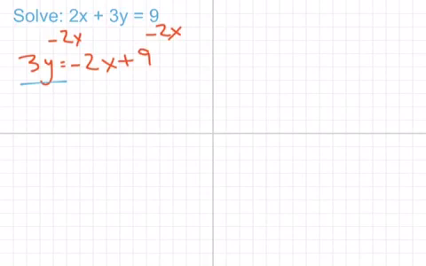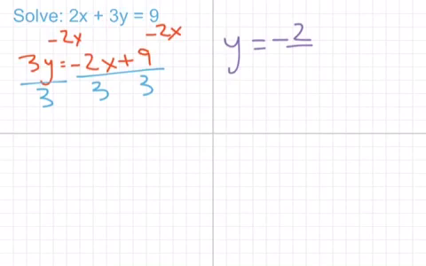Then let's divide by 3 on both sides. So we're going to get y equals negative 2/3 x plus 3.